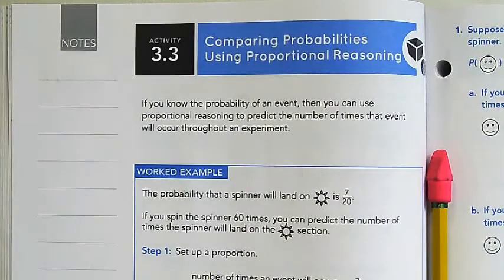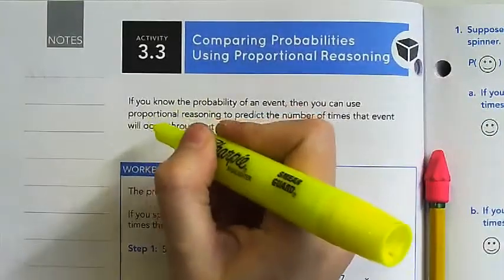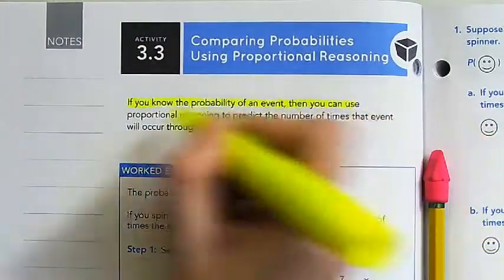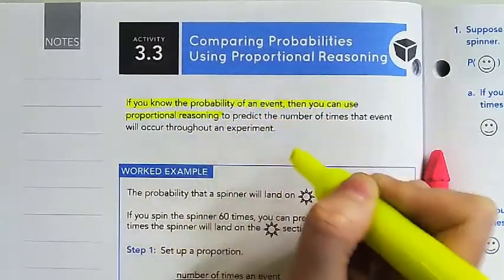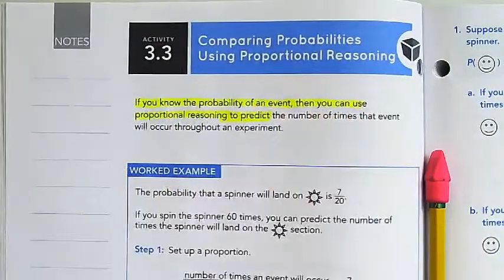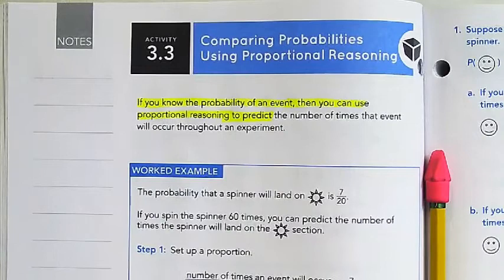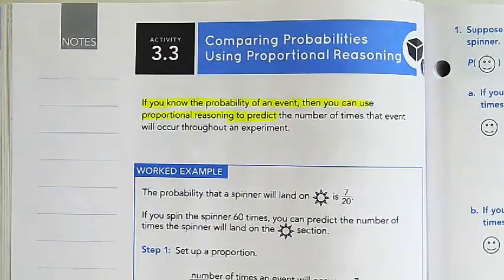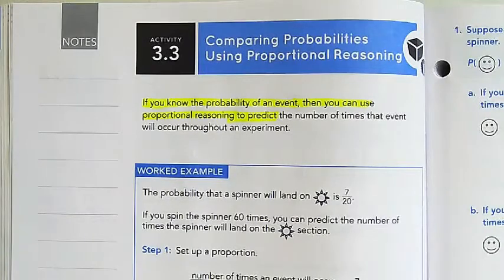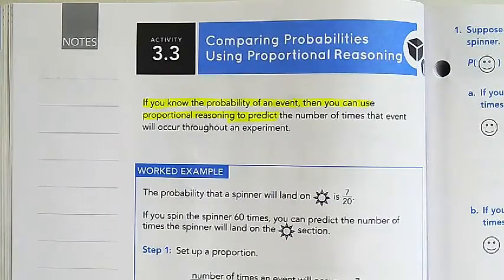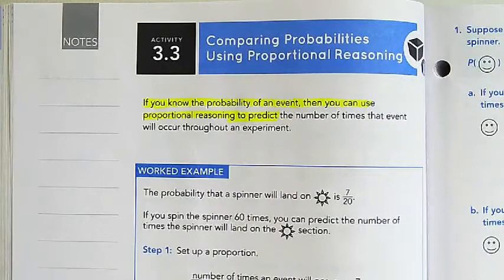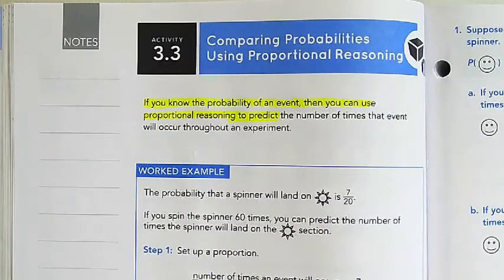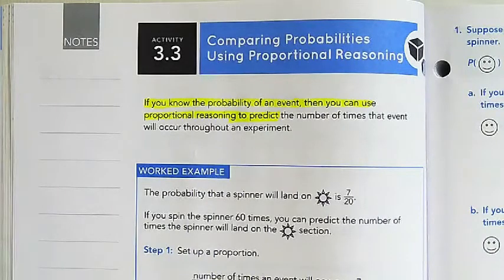What is proportional reasoning? If you know the probability of an event, you can use proportional reasoning to predict. Does anybody remember what proportional or proportion means or looks like?